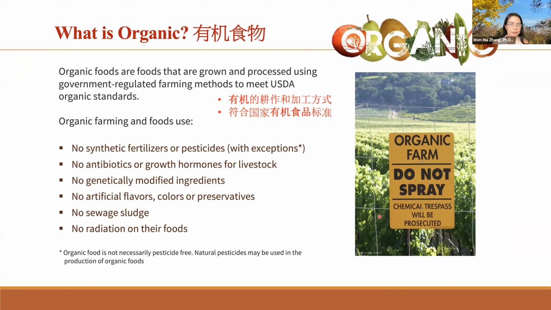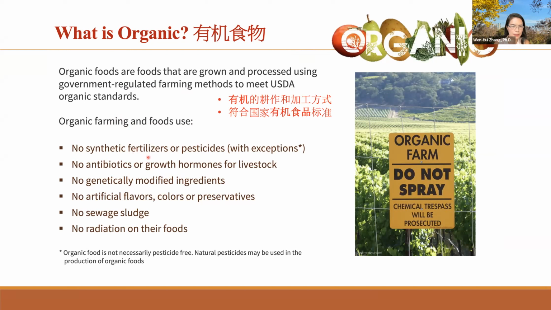Okay, organic foods, the foods that are grown and processed using government regulated farming methods to meet USDA, US Department of Agriculture organic standards. And these are the standards for organic farming and processing.